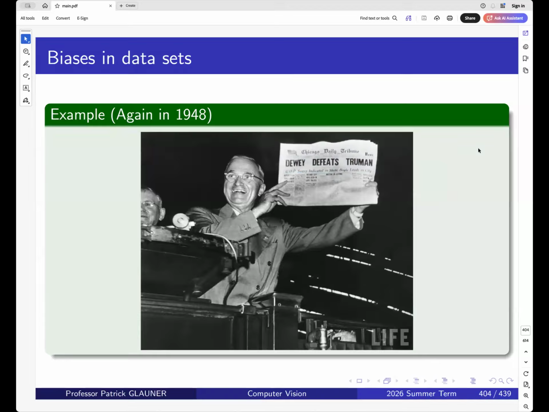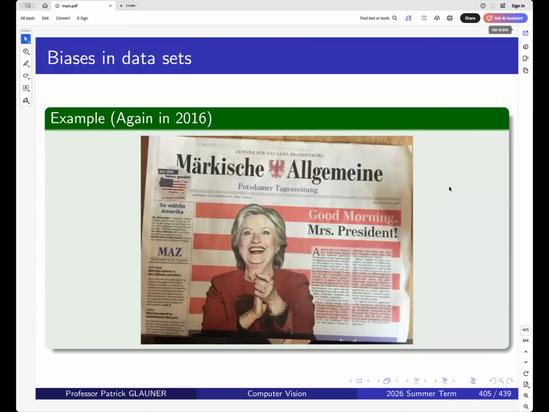Then next morning, when more results had come in, the Chicago Daily Tribune was actually wrong, yet they had already started selling their daily edition. Here you can see Truman laughing because he won, but the newspaper had made the wrong prediction during the election night. A very famous photo from 48.